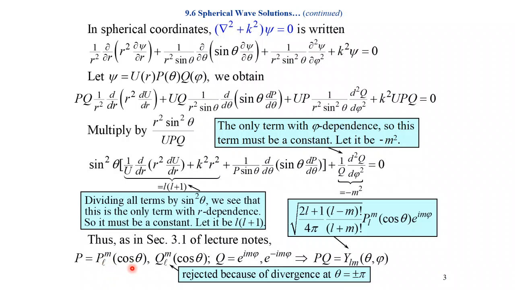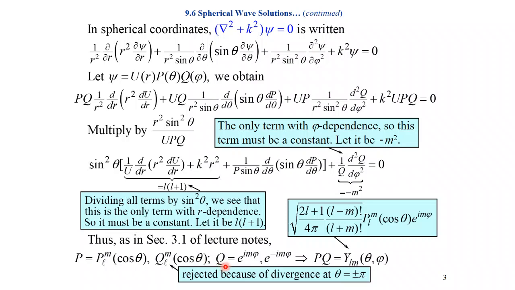As in section 3.1 of the lecture notes, we know this part has two solutions. The first solution is P_LM, which depends on cosine theta, and Q_LM also depends on cosine theta. This second solution is normally rejected because of the divergence at theta equals plus and minus pi.